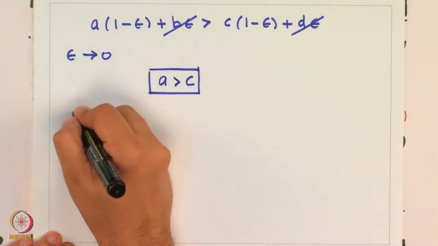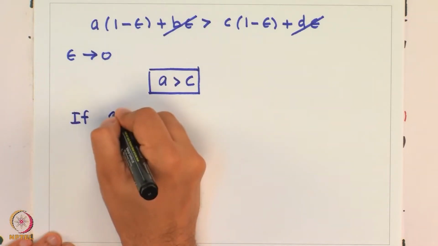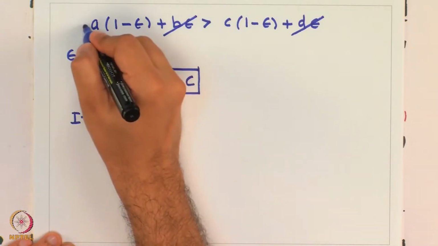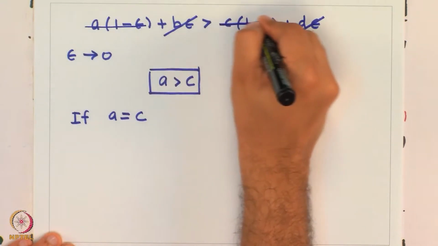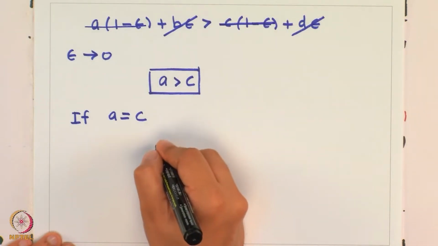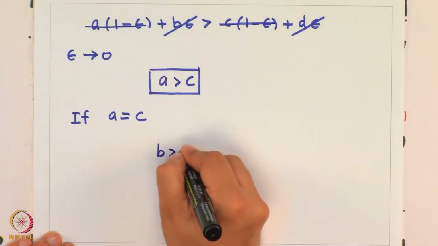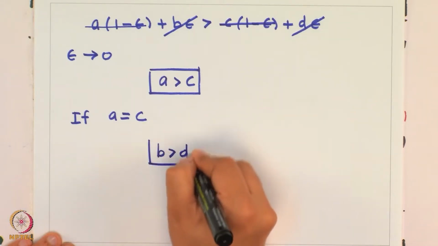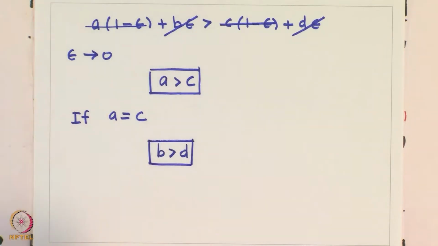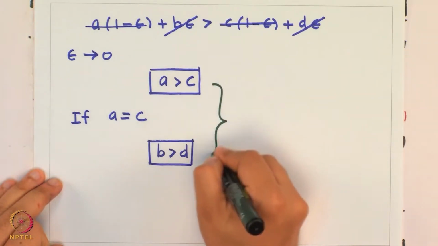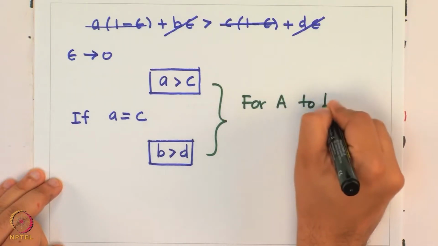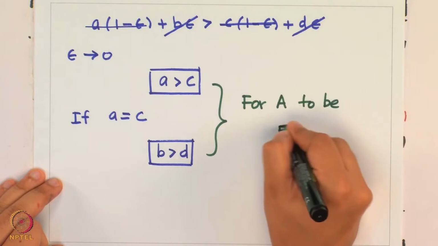On the other hand, if A is equal to C, then these two terms drop out because they exactly cancel each other out, and then the condition for A to be an ESS becomes B bigger than D. Okay. So these are the two conditions for A to be an ESS.